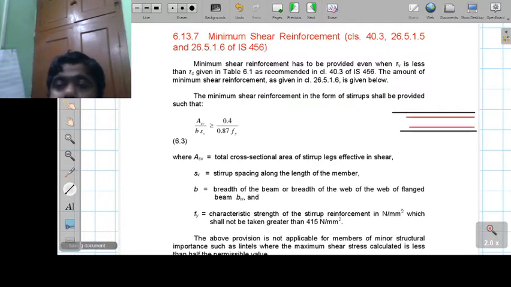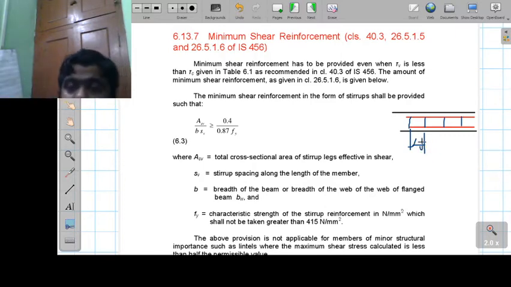We have to provide the shear reinforcement in the vertical direction like that. Okay, so shear reinforcements are generally provided like that. So these are also called stirrups. Okay, these are called stirrups. So here this sv is indicating the spacing of the stirrups. Okay, so what is the spacing of the stirrups? That has been denoted by sv.